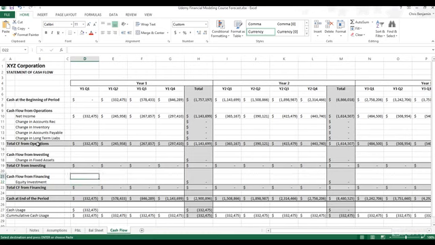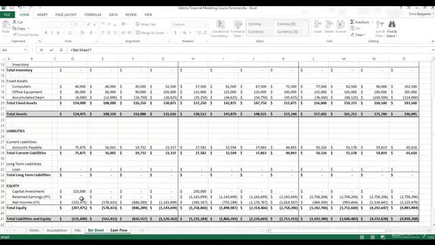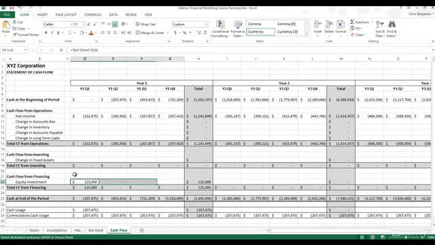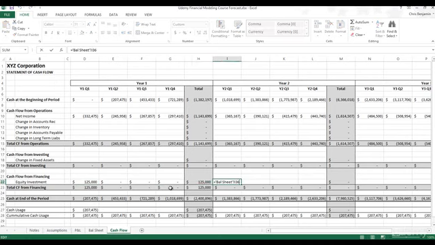So for the cash flow from financing, equity investment. This number can come from the balance sheet. So on our balance sheet, we had a capital investment here, and then we can copy this across. And then here we need to adjust our formula.